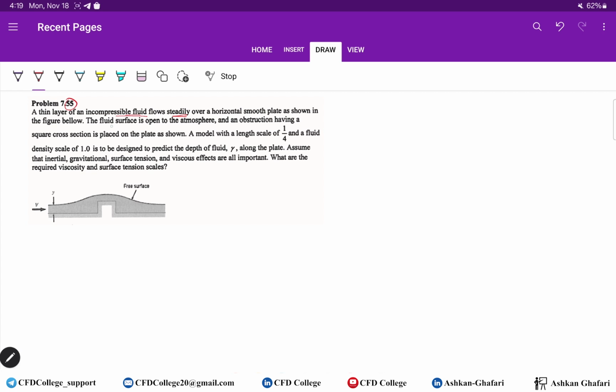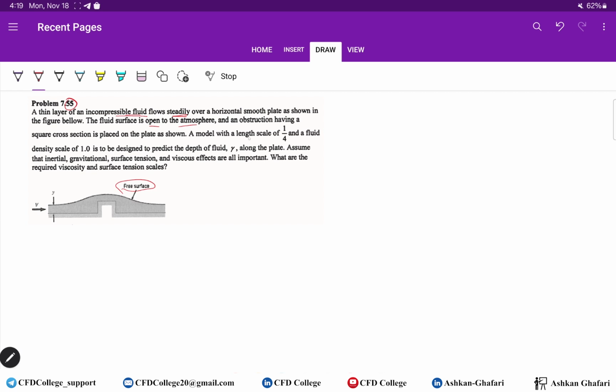The fluid surface is open to the atmosphere, so we have a free surface, and an obstruction here, having a square cross section, is placed on the plate as shown.